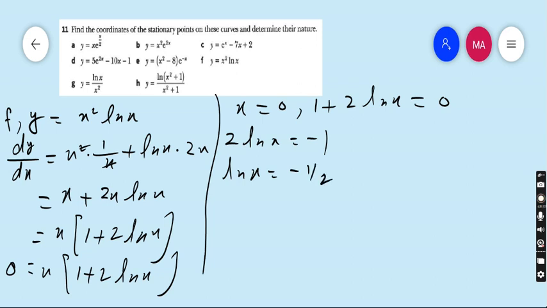Taking e on both sides, so e power ln x is equals to e power minus 1 upon 2. ln and e cancel, so x is equals to e power minus 1 upon 2.